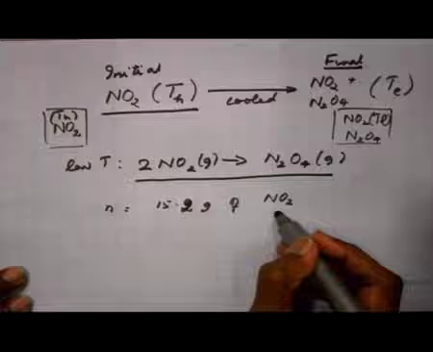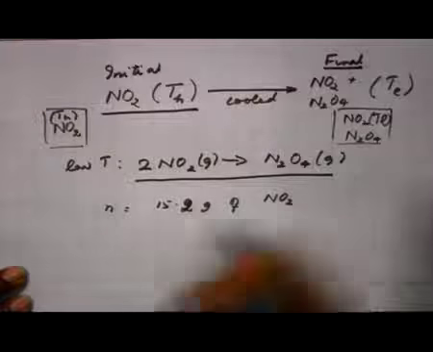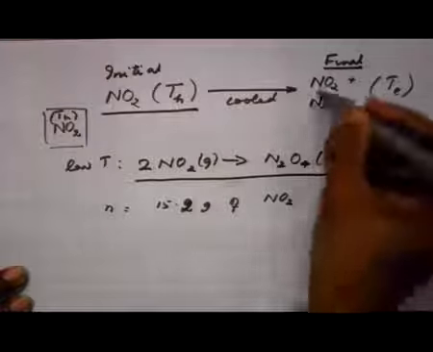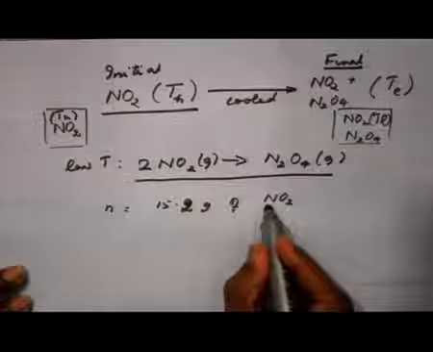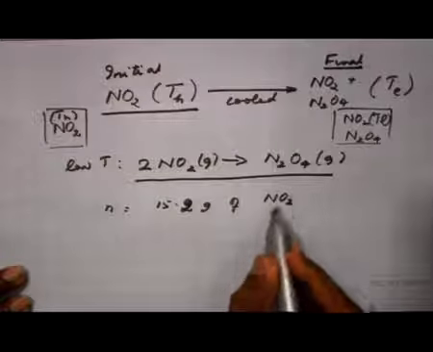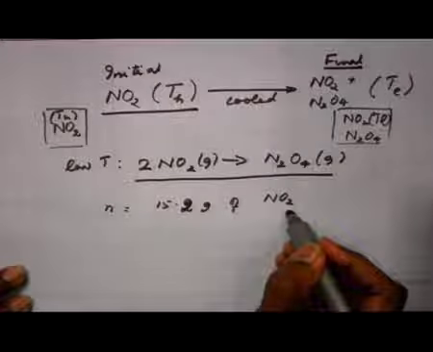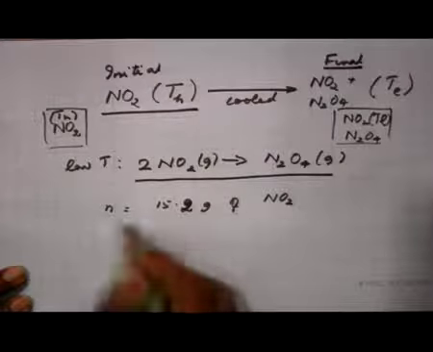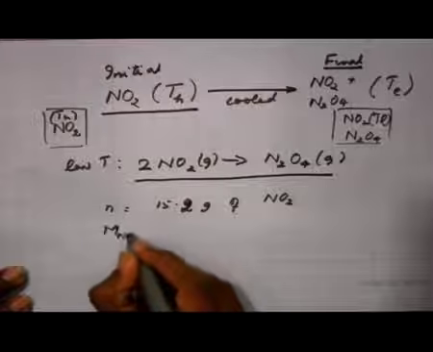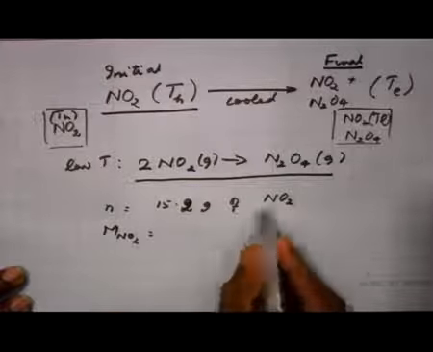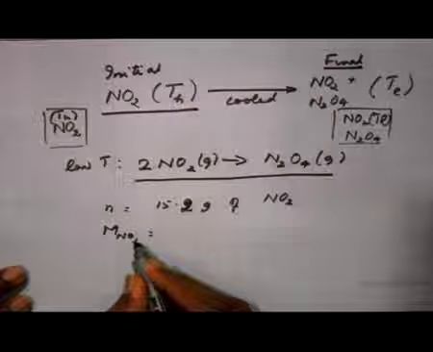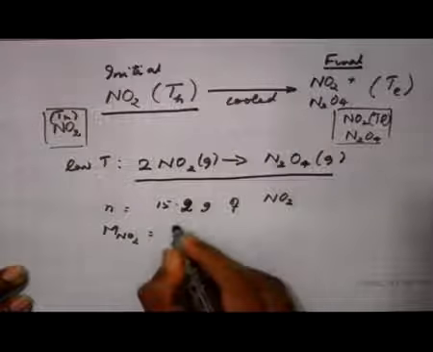Now, there is mass conservation. So, at the end the total number of moles of nitrogen, for example, has to be that which came from 15.2 grams of NO2, and we know the molecular mass of NO2 is 14 plus 32 is 46 grams per mole.